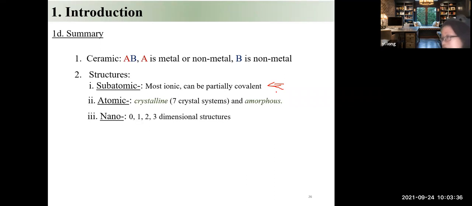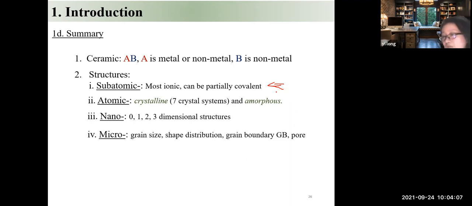Okay, the nano level, you have 0, 1, 2, 3D. We said 0D, 1D, 2D, 3D. These terms are used so often everywhere, so please make sure you understand it. 0D is a what? It's a dot. 1D is a pencil, and 2D is a paper. 3D is any other thing, if you have one dimension which falls into the nano range.